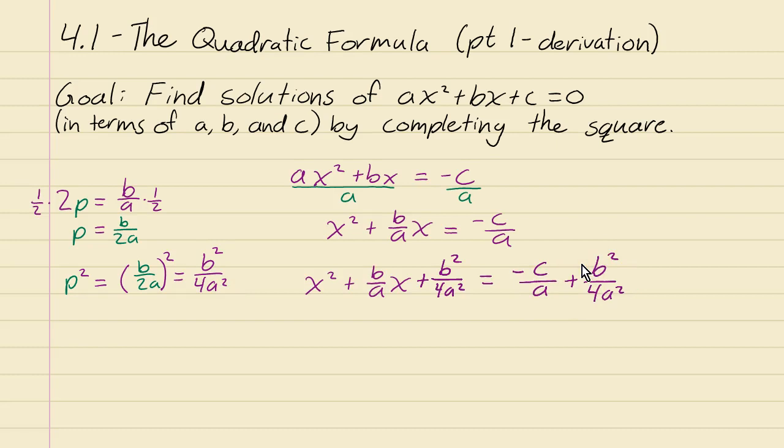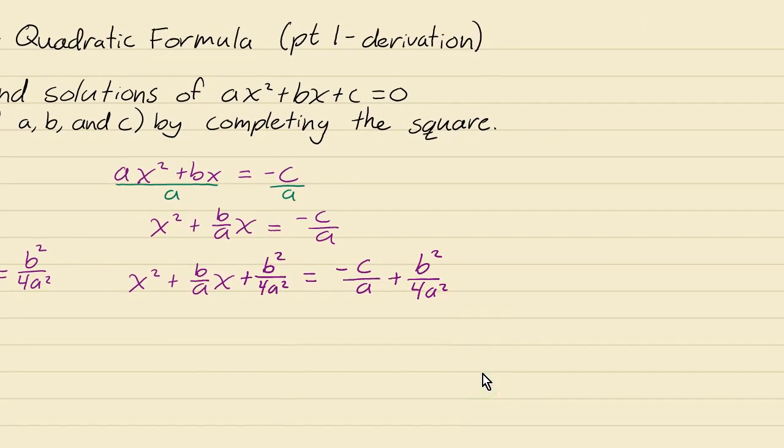Now, I'd like to actually combine this into one thing over here. So I need both of the denominators to be the same to combine it into one fraction. So I need them both to be 4a squared. That one's already on the right, that one's already there. But on this other one, I'm going to do a times 4a to get you 4a squared.